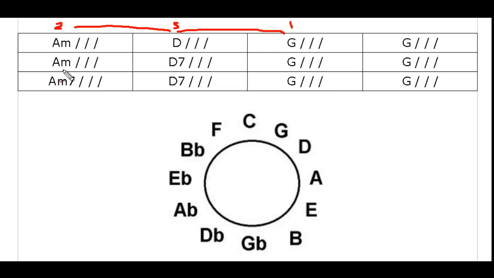And then here's one of the alternative ways of presenting the 2-5-1 in the key of G, where we have A minor, this time D 7th, resolving to G, and our third option, A minor 7, moving to D 7th, and then resolving to G. In all these instances, it's still classified as a 2-5-1 progression in the key of G.